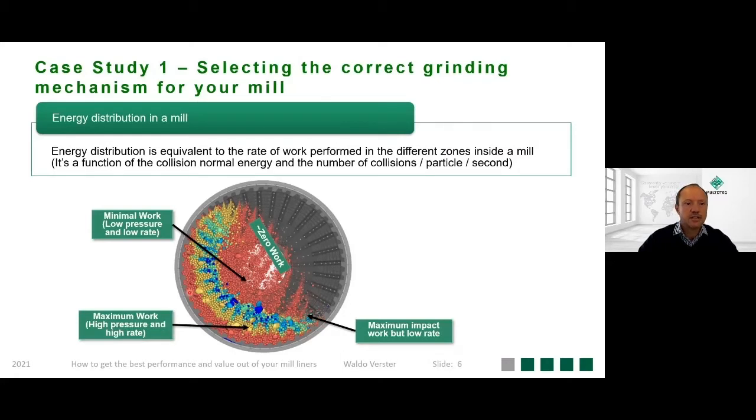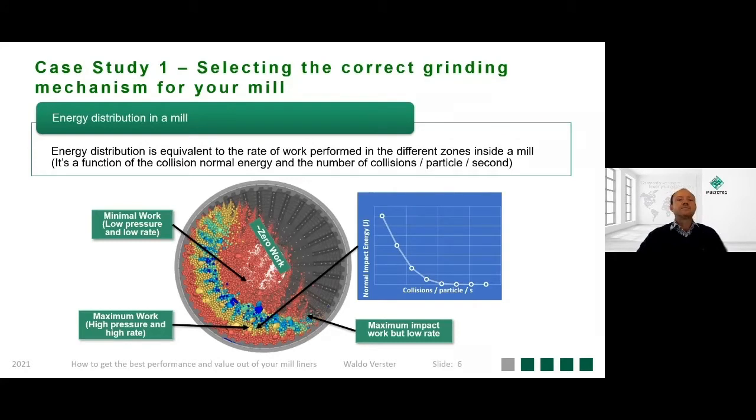And then in your rising shear area, we see the maximum grinding work being done inside the mill. It's a high pressure zone, it's a high rate. If you think about this, this whole charge level is acting on this position or on this location, and the particles have nowhere to go.